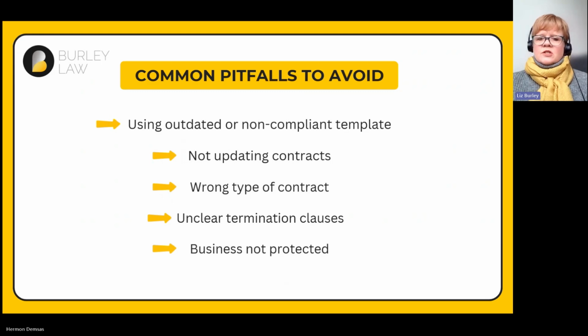We looked at termination provisions earlier, and if these provisions are unclear in your contract, I explained that you might find yourself open to breach of contract claims for wrongful termination of employment, or you may have unclear or vaguely worded restrictive covenants that might not be enforceable against the employee.